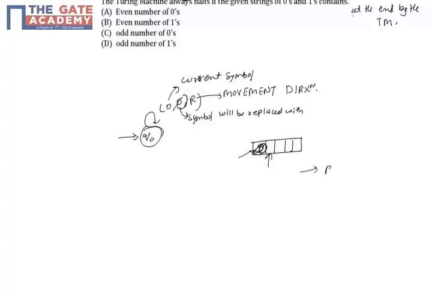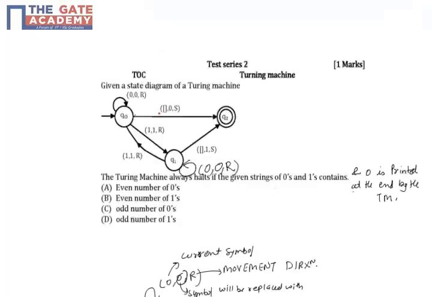This is my right direction, this is my left direction. So move the cursor in the right direction. Clear? Let's see what is happening here. It is saying that whenever you get a 0, be in this state, replace it with 0 itself and move right.